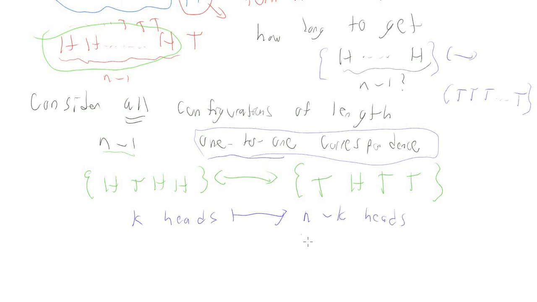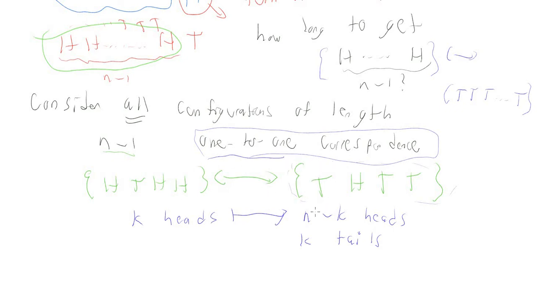In other words, we're going to have k tails. And we can play an equivalent game in the image of this automorphism.